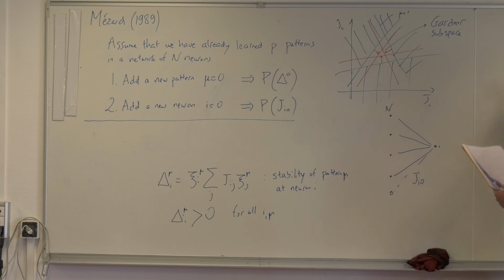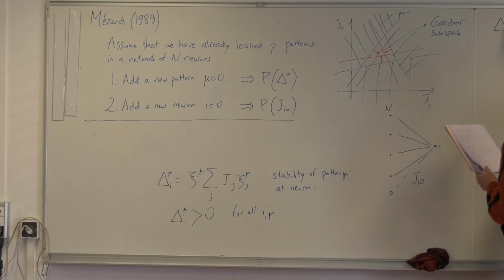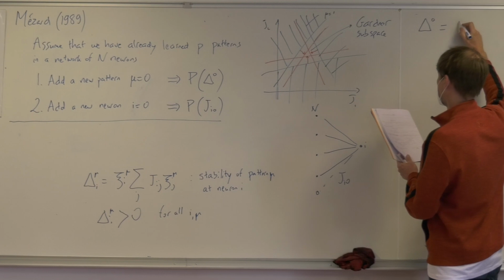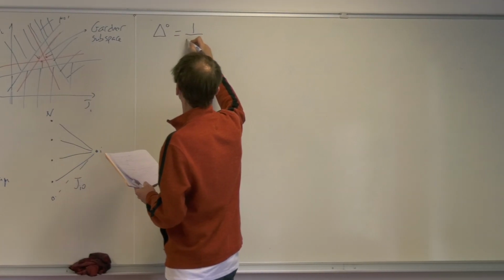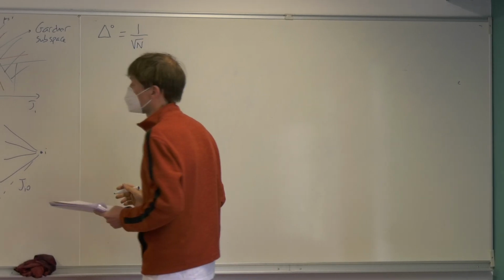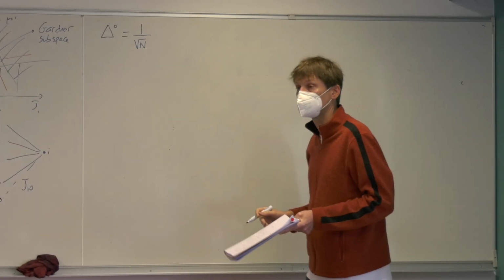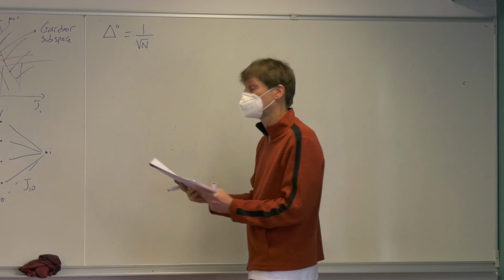And so let me write it again for this new pattern, delta i0 equals, and so now I will introduce, for convenience, 1 over square root of n normalization here.